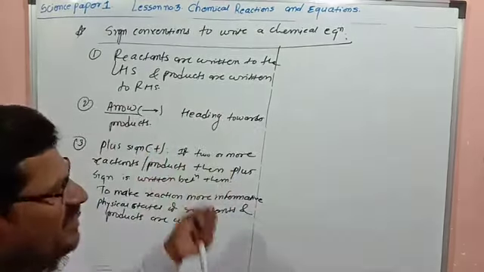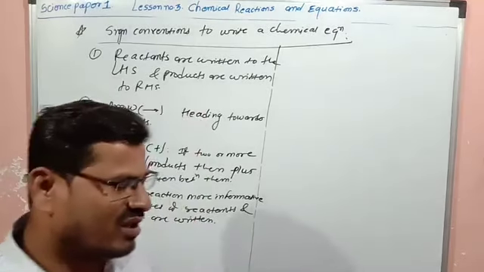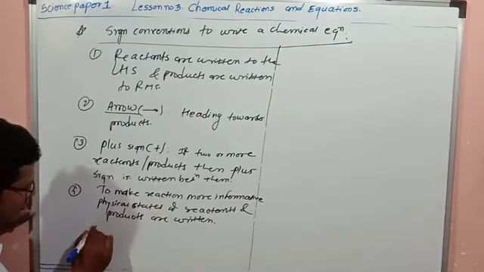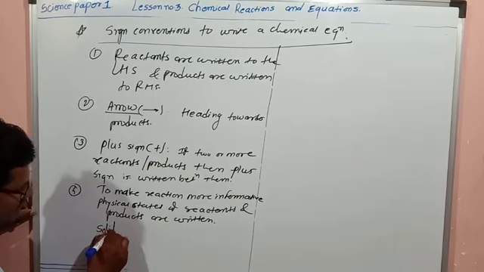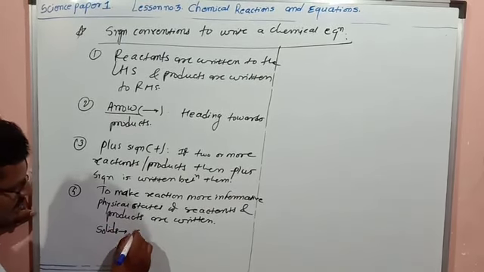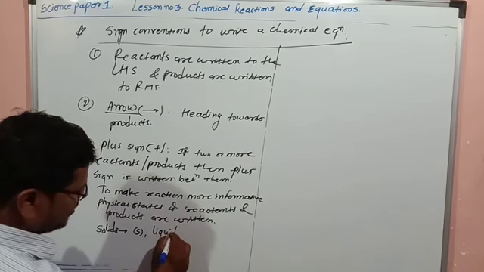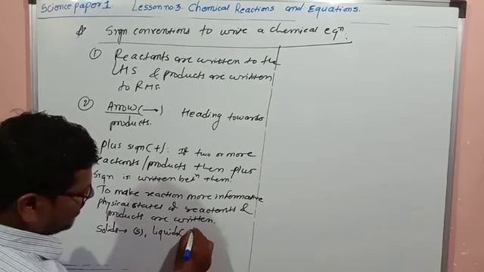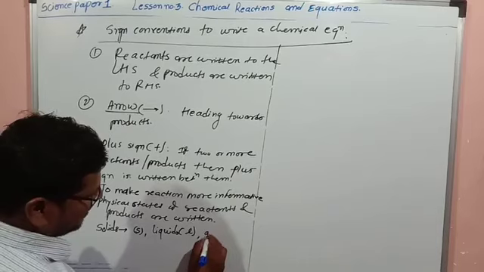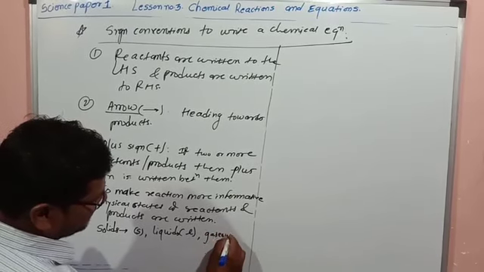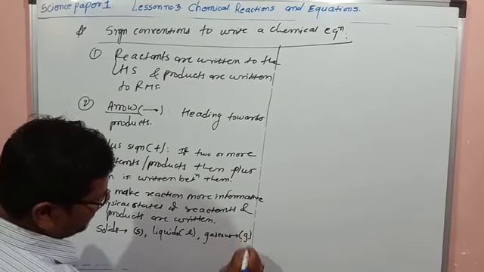With the help of an example we'll see. Suppose the reactant or product is a solid, then in brackets you write (s). Suppose it is in a liquid state, then you write (l) in brackets. If it is in a gaseous state, then you write (g) in brackets.